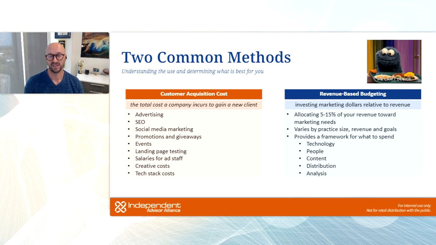That's a pretty big range, and that number is going to be dictated by what your goals are, what your fee structure is, what all your revenue is, and where you want to be in 1, 5, 10 years from now, to make sure that it's adding up. Then we've got categories, and we're going to dive into each one of those: technology, people, content, distribution, the analysis. How are we getting all of this done?